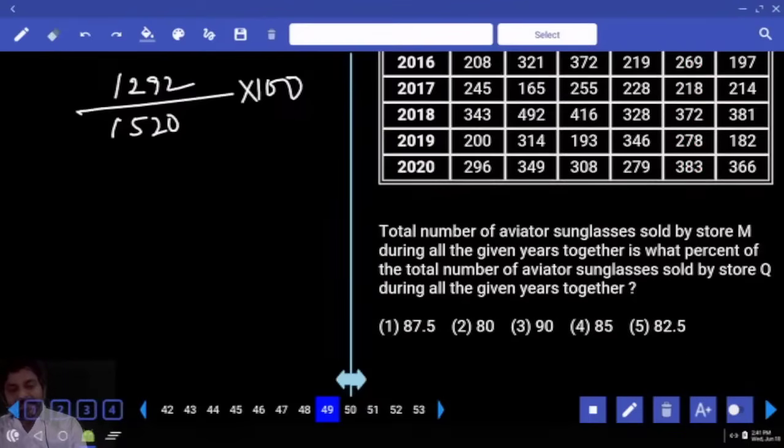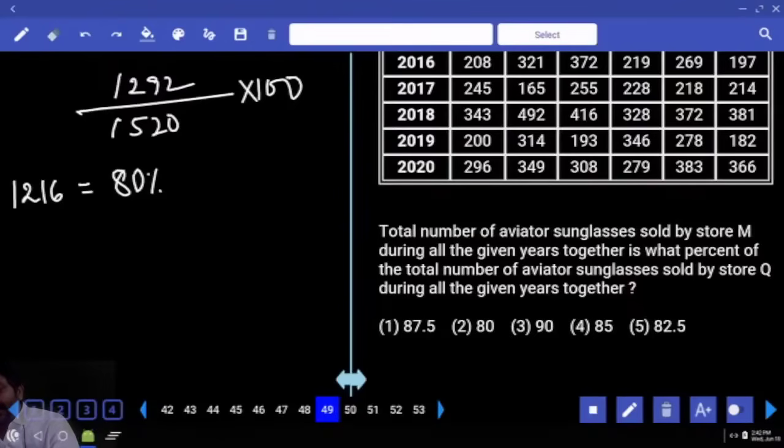Near about 80, 90. Come on. Let me first calculate 80 percentage. Subtracting 20% only. What is 10%? 20%. If 304 is subtracted, 1216. Am I right?